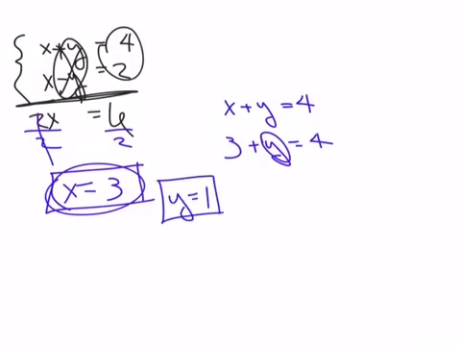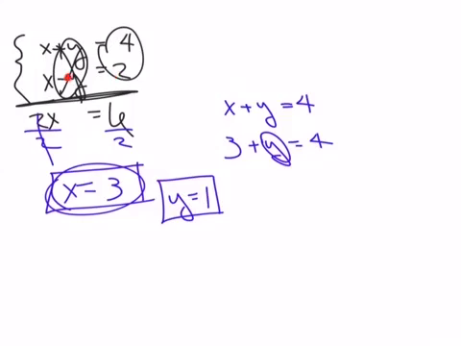So what does that mean? Okay, what that means is if you were to have graphed both of these equations, where the two lines cross would be at this point, 3, 1, over 3, up 1. It also means that 3 and 1 make both this equation and this equation a true statement. So if I put 3 plus 1 here, I get 4.